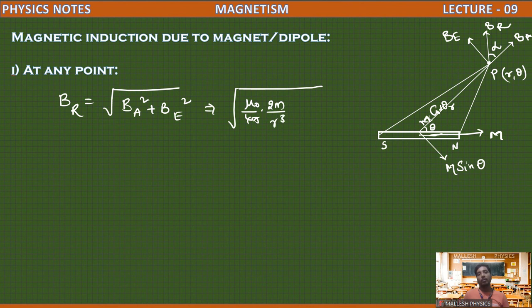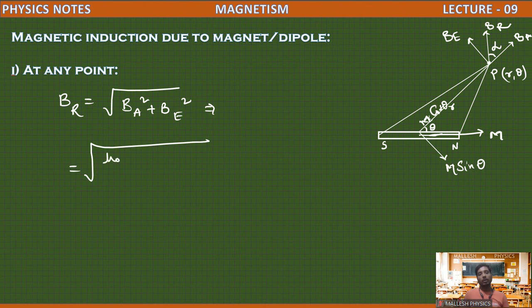BA is mu naught by 4 pi, 2M cos theta by r cube.